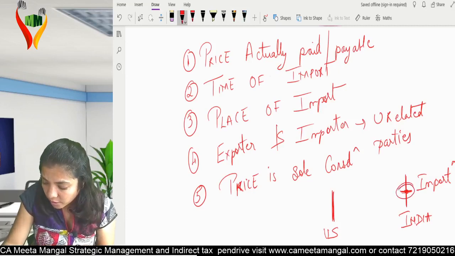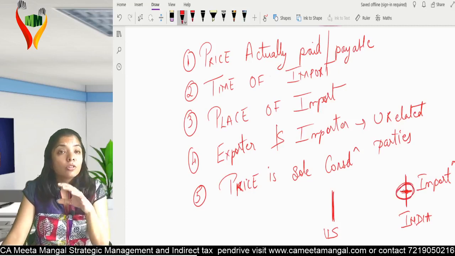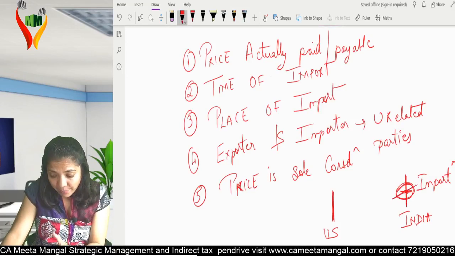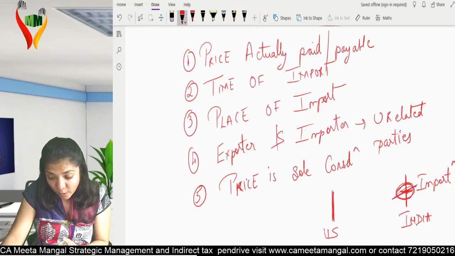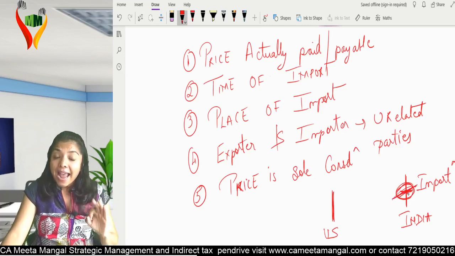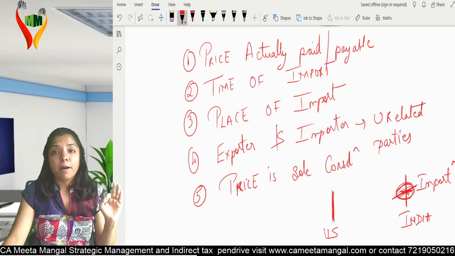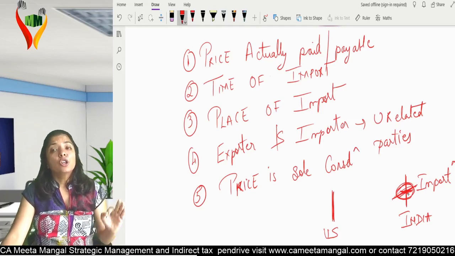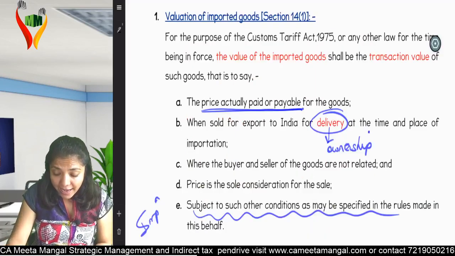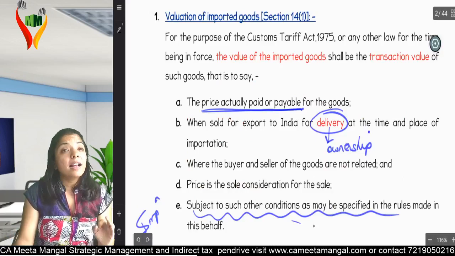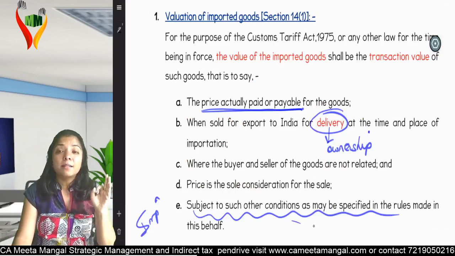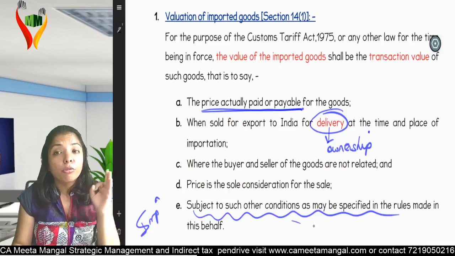This is the point where the goods delivery is given, the time and place of importation. At this point, whatever is the value, exporter and importer should be unrelated parties, and price should be the sole consideration, as well as such other conditions as may be specified in the rules.